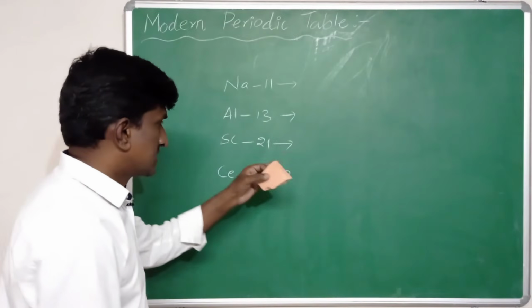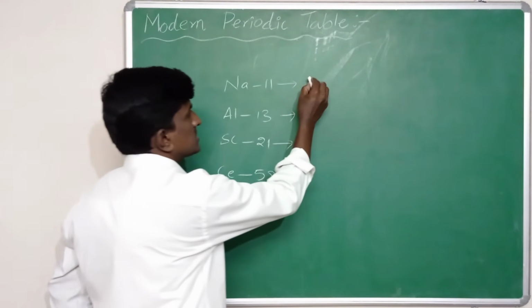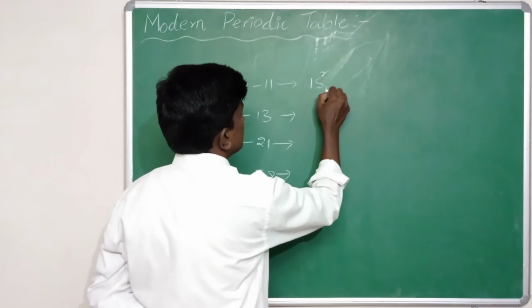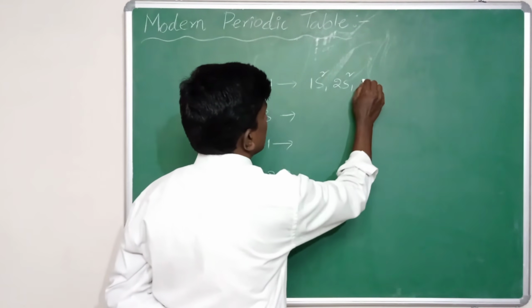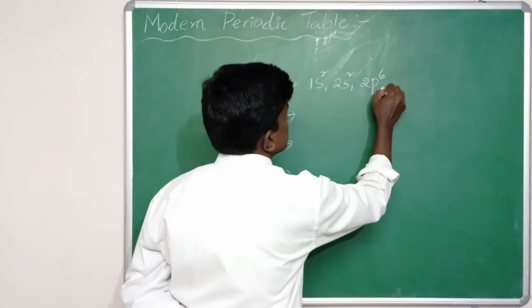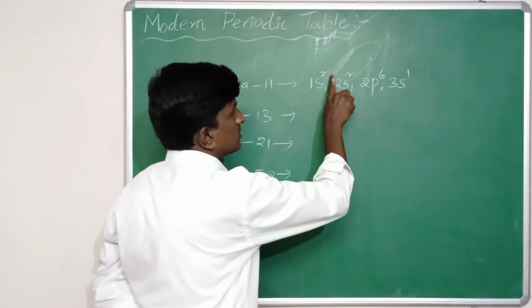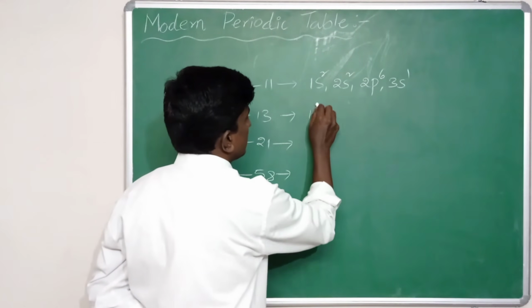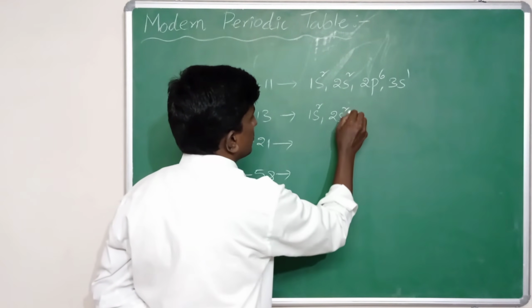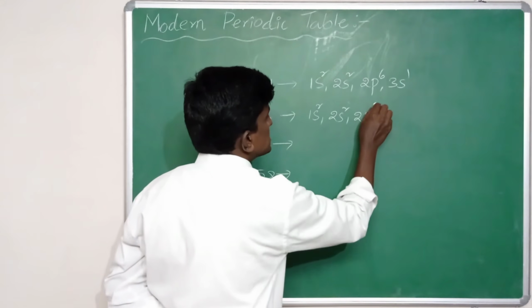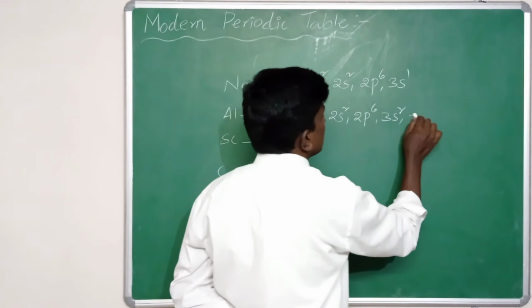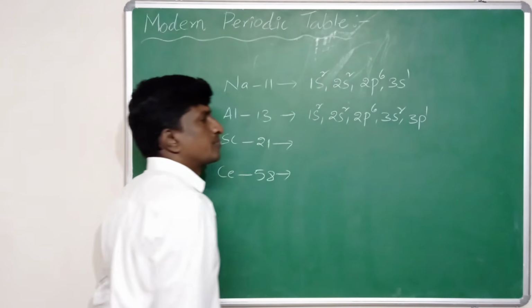Now let us write the electronic configuration of these elements. First, sodium: 1s2, 2s2, 2p6, 3s1, total 11 electrons. Then aluminum: 1s2, 2s2, 2p6, 3s2 and 3p1.